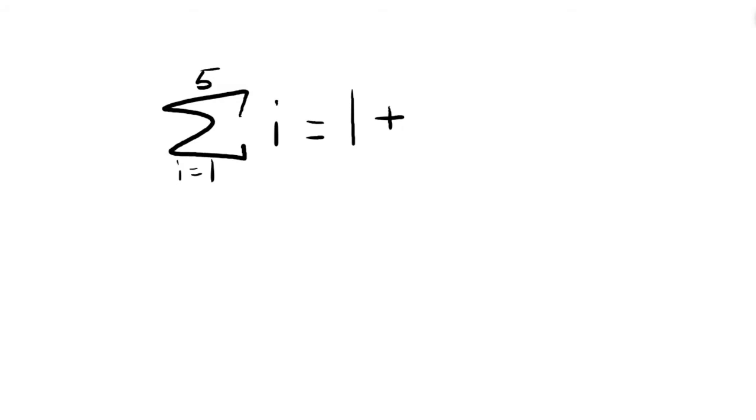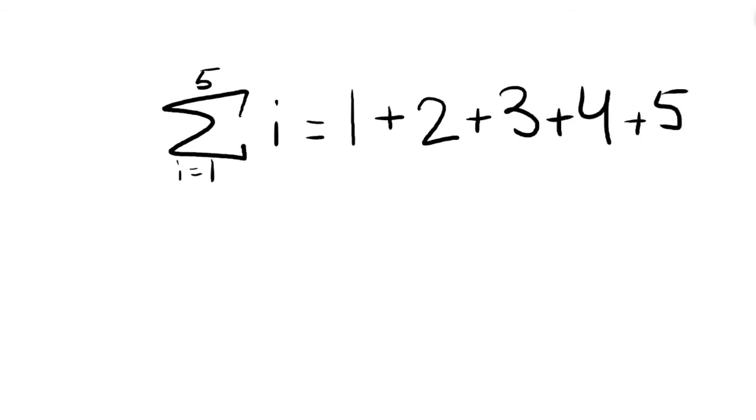And the next is we take i plus 1. So then we get 2. And then we do it again to 3 and to 4 and to 5. But that's where we end because we have 5 up here. And then we can just calculate what this is, and this will give us 15.